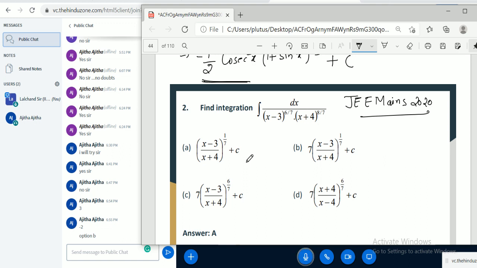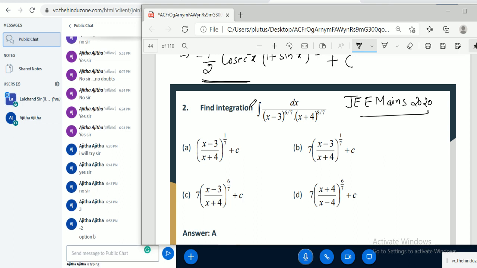Is there any idea how to solve this question? Do you have any idea what rearrangement we need to make here?